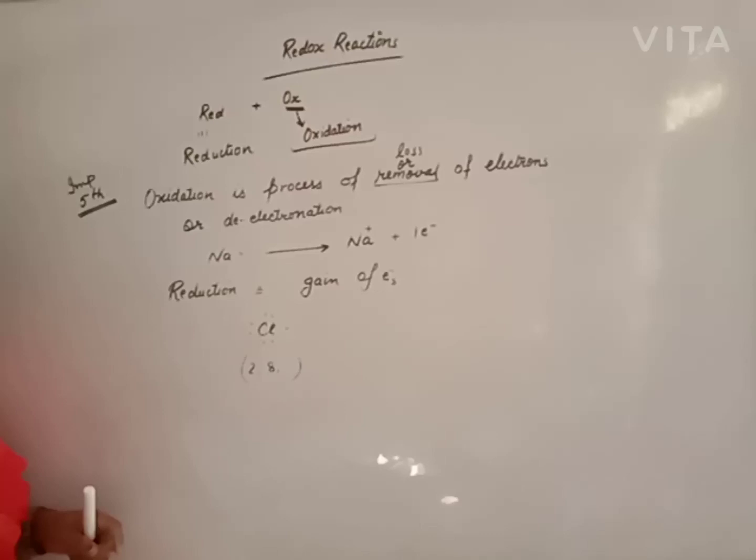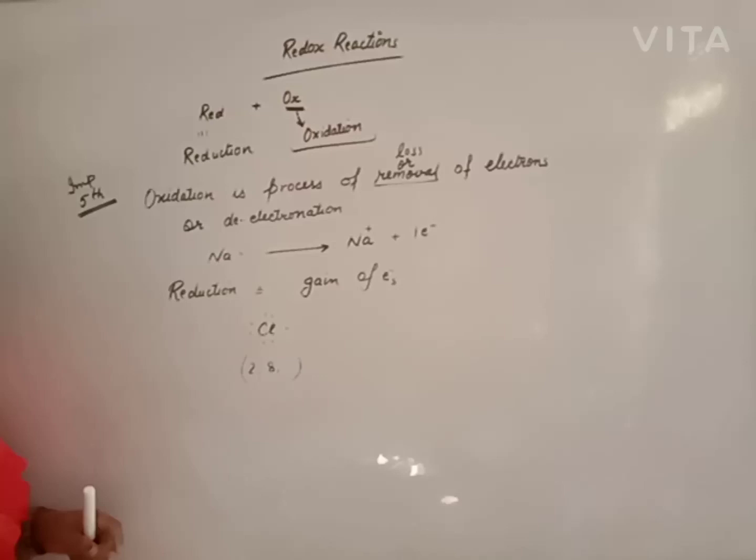Further, there are so many puzzling terms: which is electropositive, which is electronegative. If the reaction consists of oxygen and hydrogen, it will be okay. But when we want to identify which one is electropositive and which one is electronegative, sometimes it is puzzling.